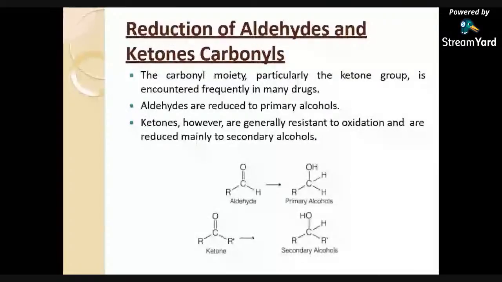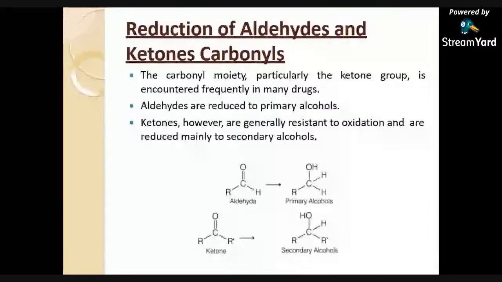Next is the reduction of aldehyde and ketone carbonyls, which are the most important groups present in any type of food or any type of drug. Let's see the aldehyde and ketone carbonyl reductive reactions. The carbonyl moiety, particularly the ketone group, is encountered frequently in many drugs.